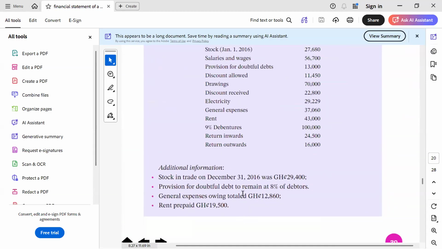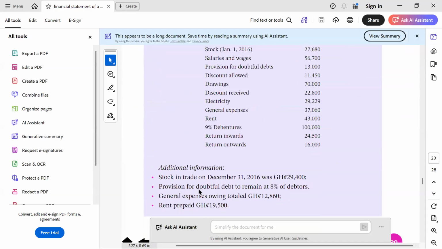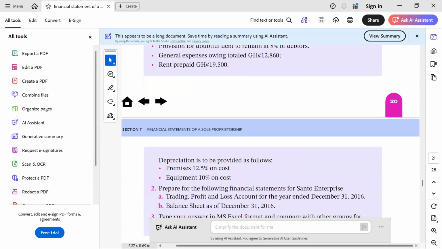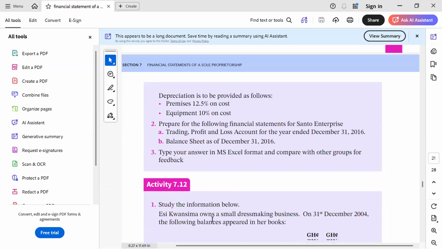Now, let me take you through this. When we finish, I advise you go through all the things that we solve in class and share the workbook with you on WhatsApp, from the ledgers to the bank reconciliation statement, the adjusted cash flow, and then the one we are coming to do, we did it on the board.